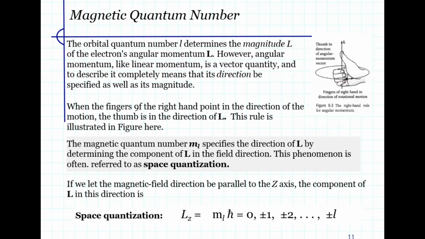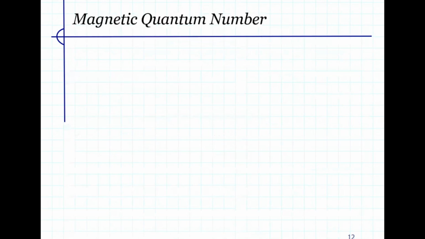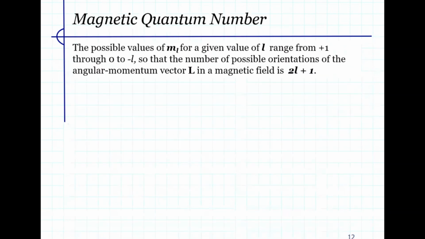Only some specified directions are allowed in the space. So possible values of ML for a given L range from plus L through minus L. So the number of possible orientations of the angular momentum in the magnetic field is 2L plus 1.